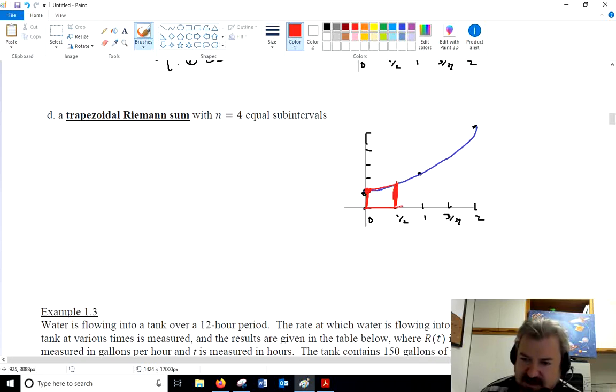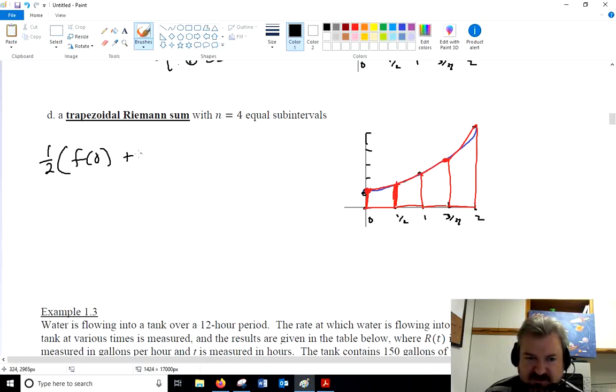And so you can see how good an approximation this is because we end up taking the slope of the curve into account. But what's also interesting is it turns out to be just simply averaging the left and right Riemann sum. So the formula for the trapezoidal sum is 1/2 times base 1, which would be f of 0, plus base 2, which is f of 1/2, times the height, which is also a half.